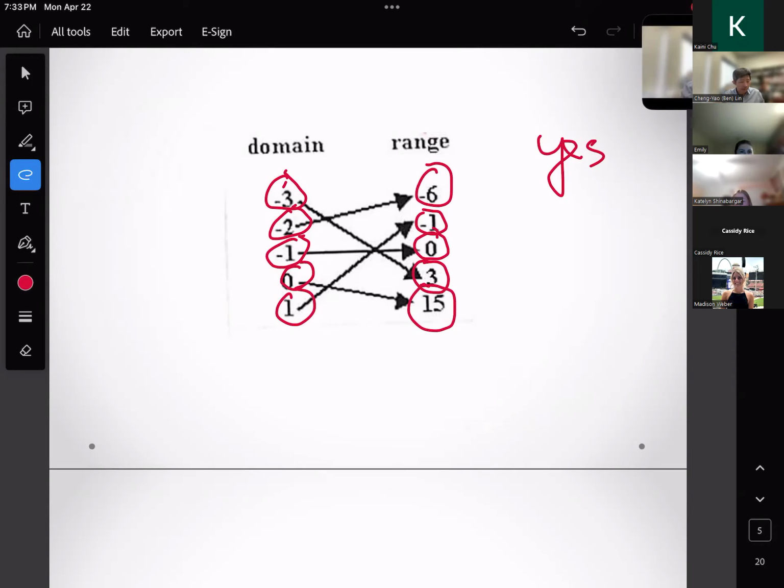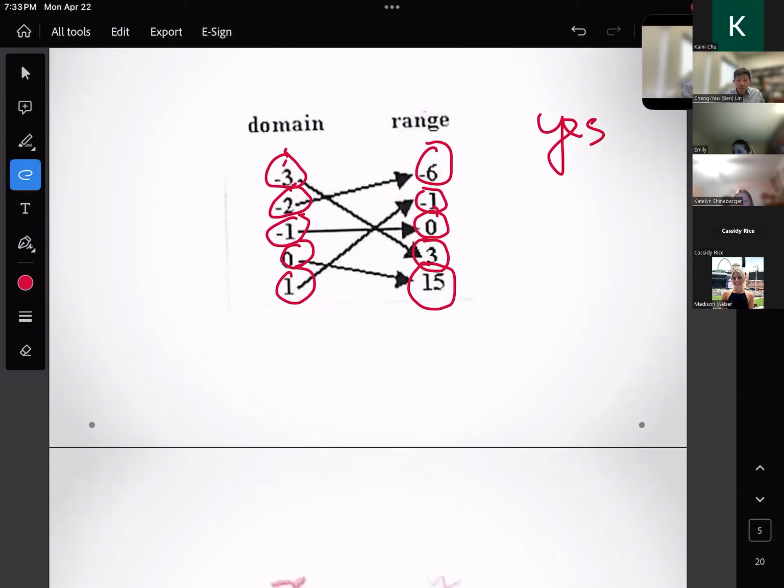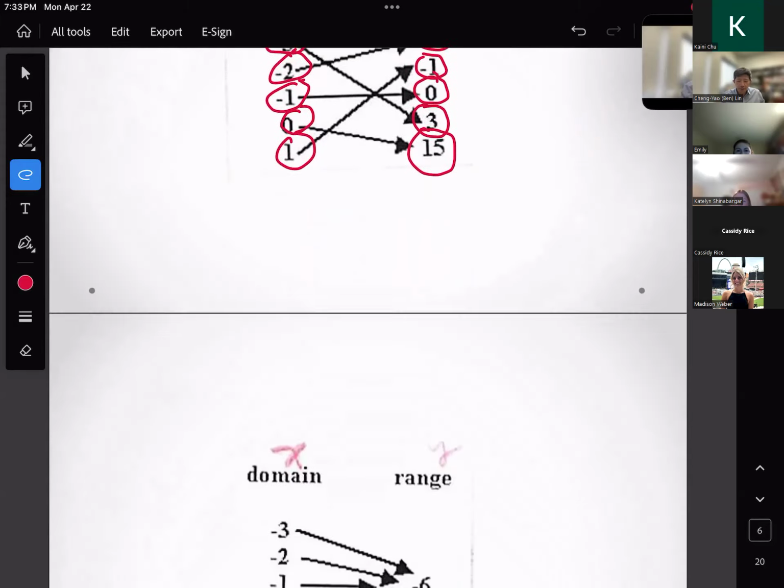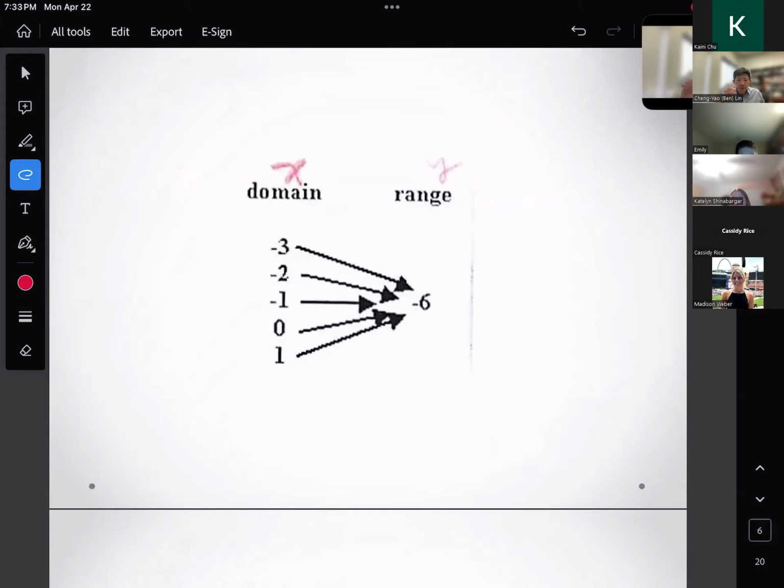Okay. Let me give you another example, and you tell me yes or no, okay? Function, yes or no? Somebody say no. Does anybody say yes? Okay, so we have a yes and we have a no. The answer is yes.